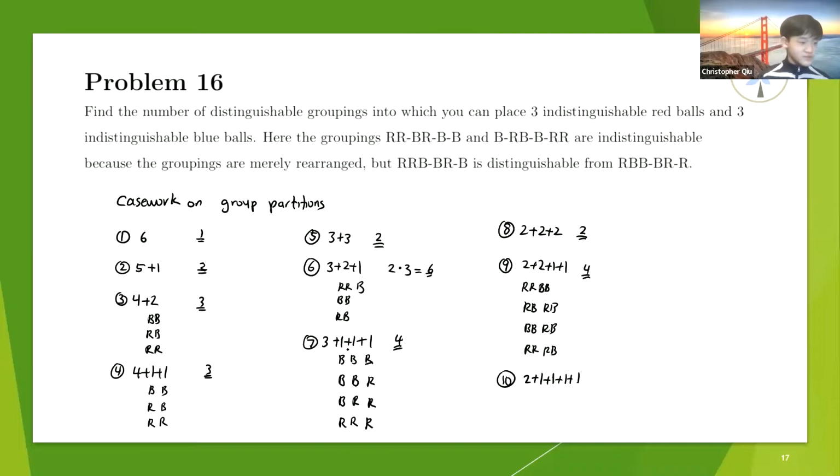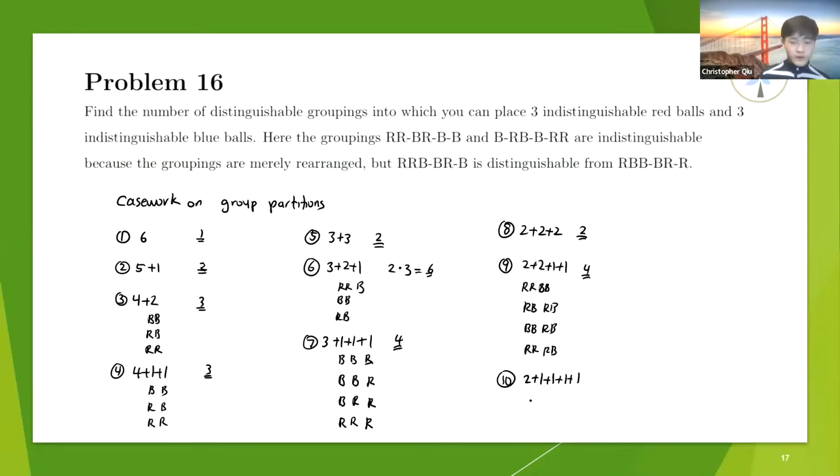In this case, we can just decide which two colors go into the group with two balls in it, and we can see that the three possibilities here are having red red, red blue, or blue blue, and then the four other groups are determined up to rearrangement based on what two balls we put in the first group.